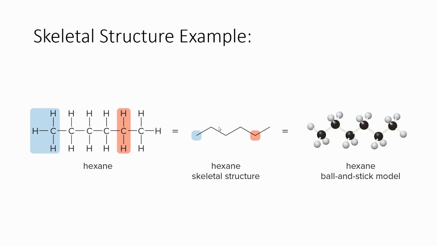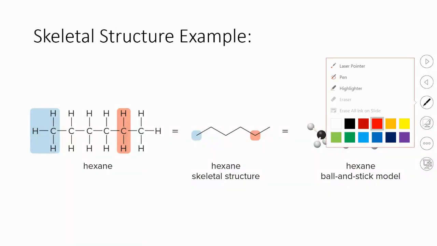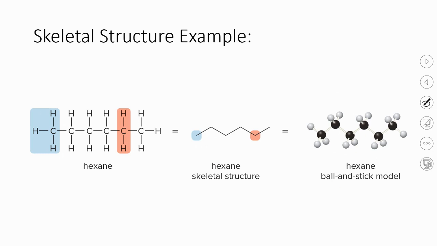So here, if we count this, let me turn on our pen. We have 1 carbon, 2 carbons, 3 carbons, 4 carbons, 5 carbons, 6 carbons. So what they've done is 1, 2, 3, 4, 5, 6.